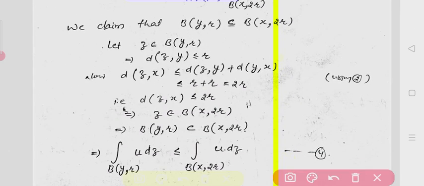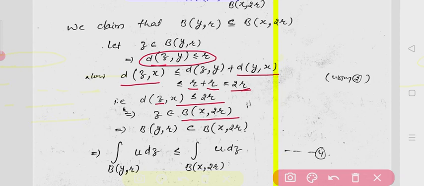So here we are writing the distance between y and x is less than or equal to r, and z and y is over here. So that means the distance between z and x is less than or equal to 2r. So what does it mean? That means z belongs to the ball B(x,2r), but z was an arbitrary point of the ball B(y,r), and it belongs to the ball B(x,2r). So that means the whole ball B(y,r) will be contained in B(x,2r).